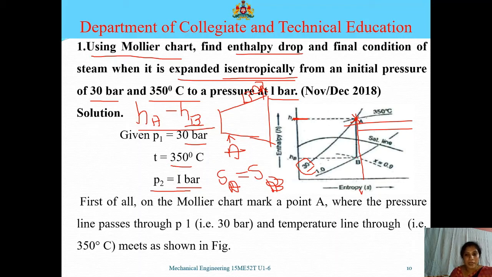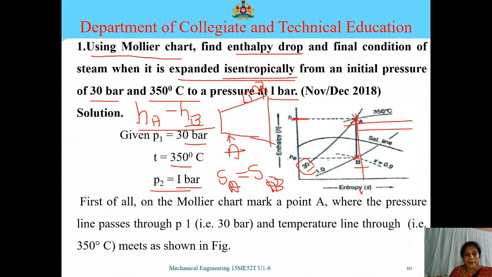The point where the straight line, the isentropic line, meets the pressure line will be marked as point B. So since the process is isentropic, I am drawing a straight vertical line downwards till it reaches the pressure line at 1 bar.